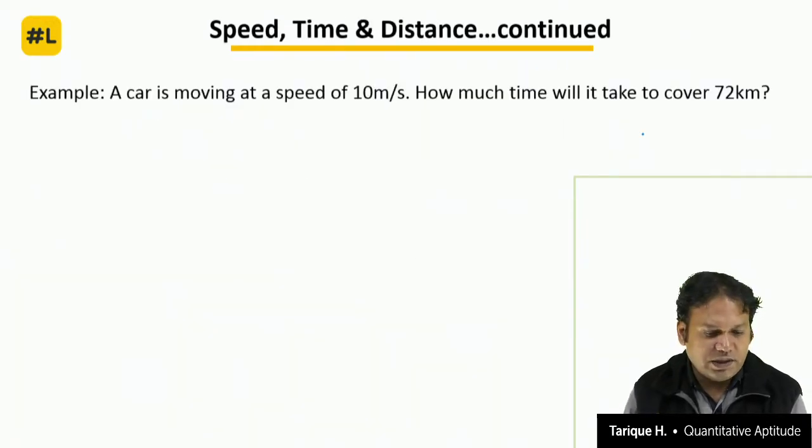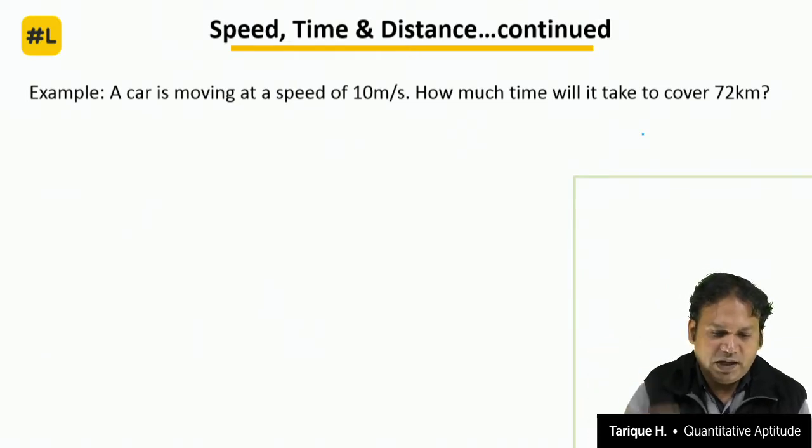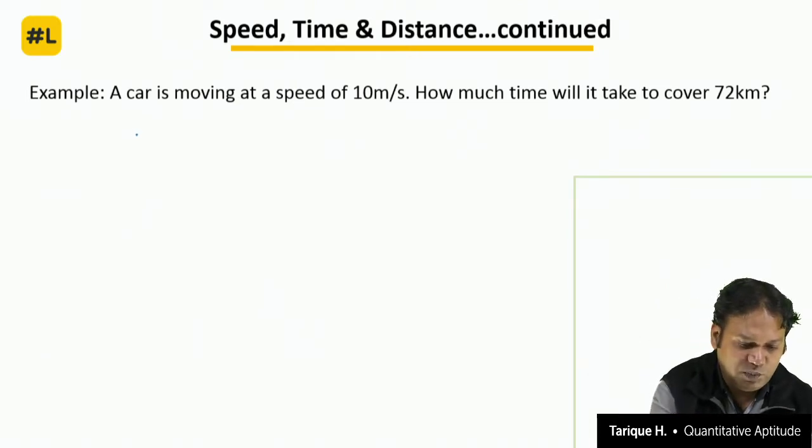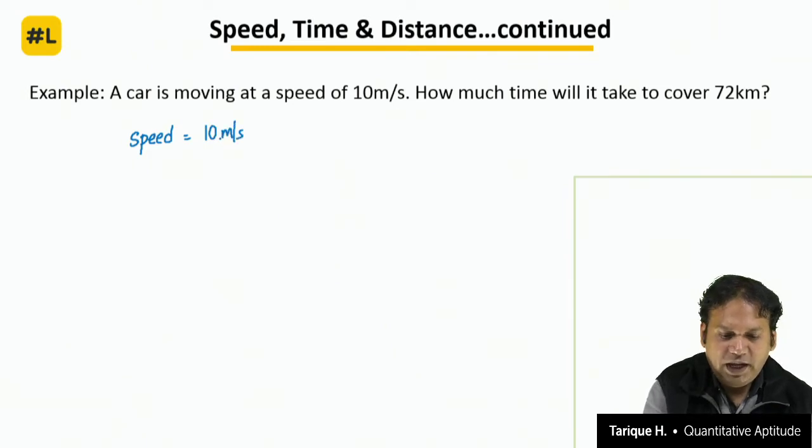So let's take this question here. A car is moving at a speed of 10 meters per second. How much time will it take to cover 72 kilometers? So the car is moving at the speed. So what is the speed of the car? Speed of the car is 10 meters per second, and a distance to be covered is 72 kilometers.